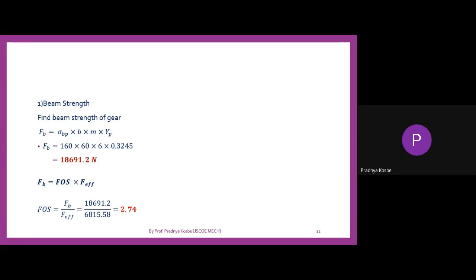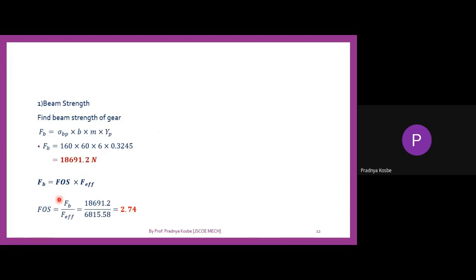And FB is equal to 160 into 60 into 6 into 0.325, and the answer is 18,691.2 Newton.